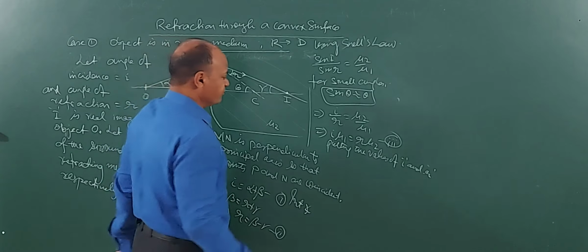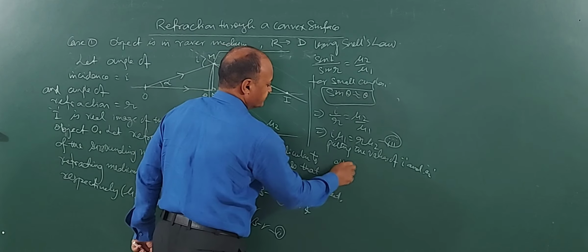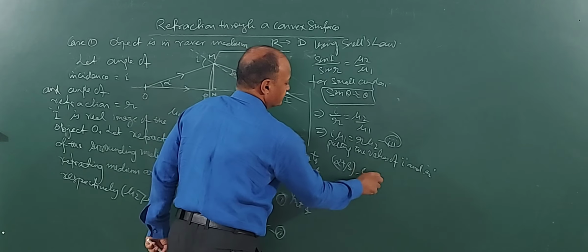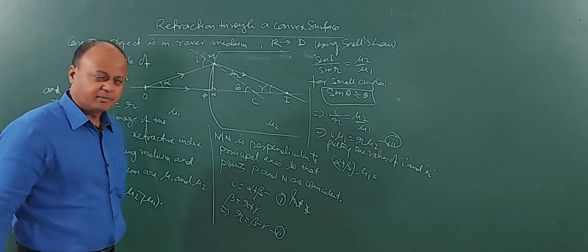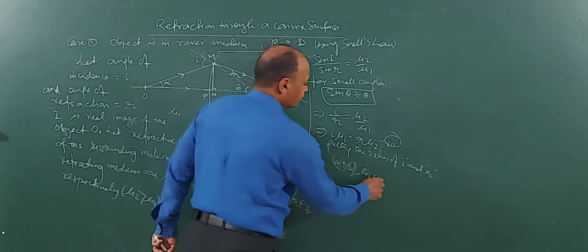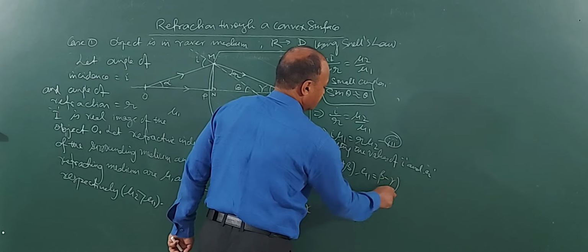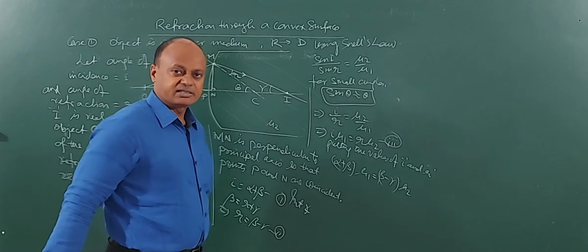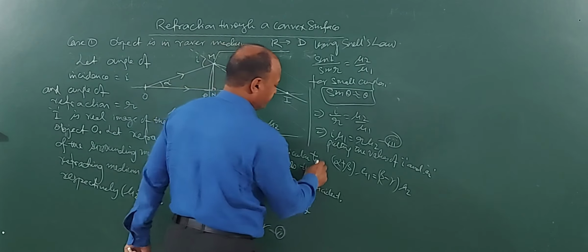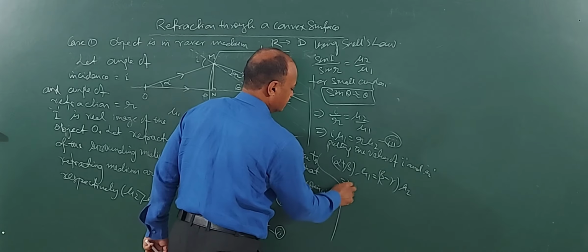Alpha plus beta into mu 1 is equal to how much is R? Beta minus gamma. Put this value, beta minus gamma mu 2, and then we just expand it. We open the bracket. So what do we get?